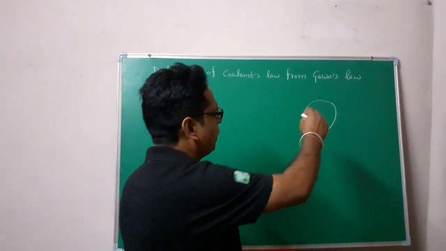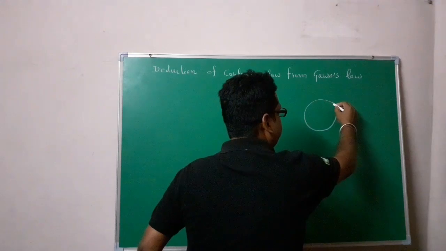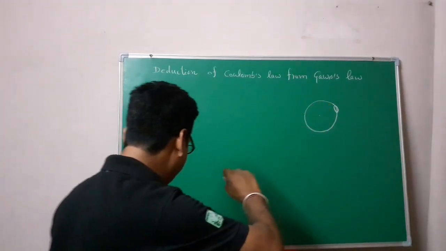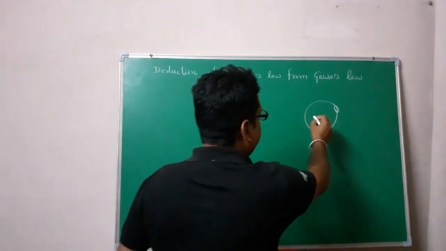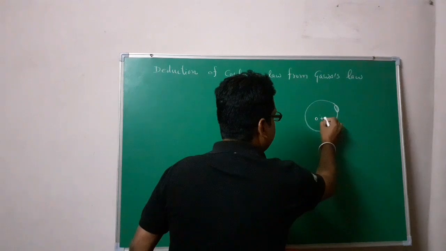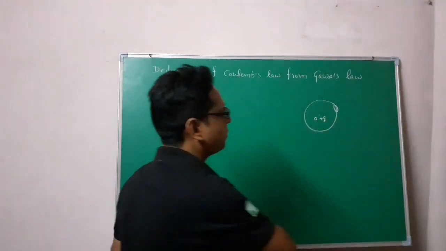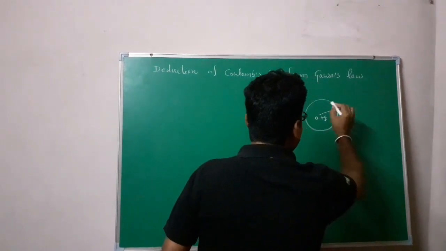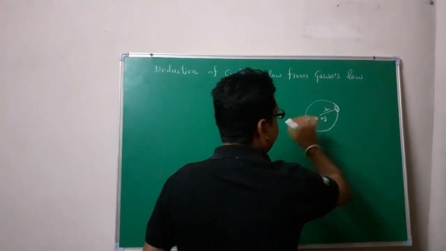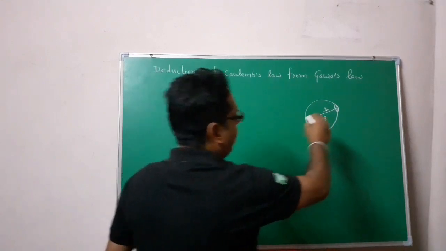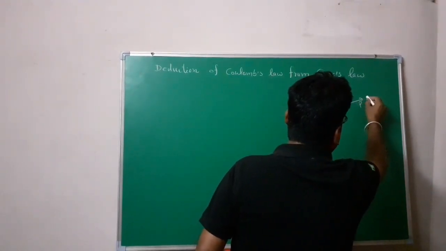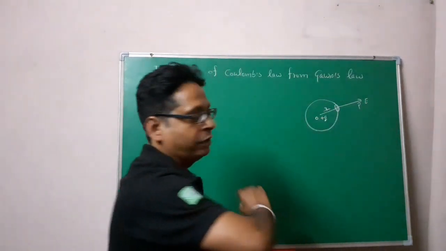So for that, we will take a closed surface with center O, and charge q is at the center O. It also has a radius r, and suppose at this point we are to find the electric field intensity.